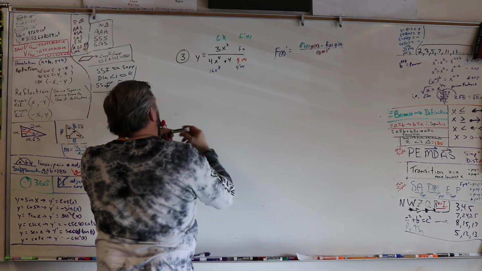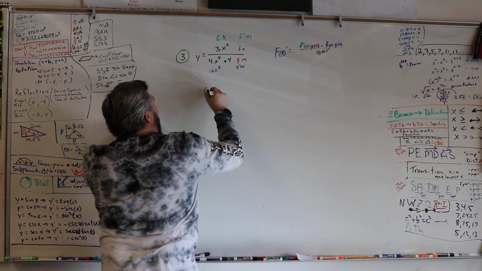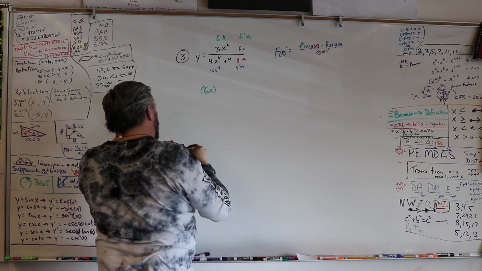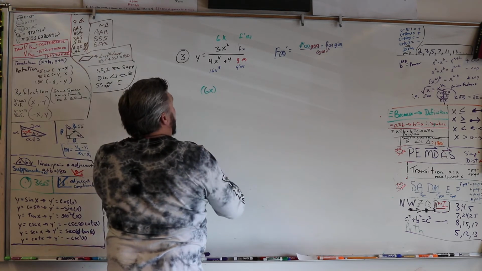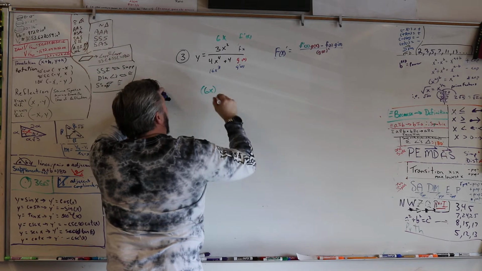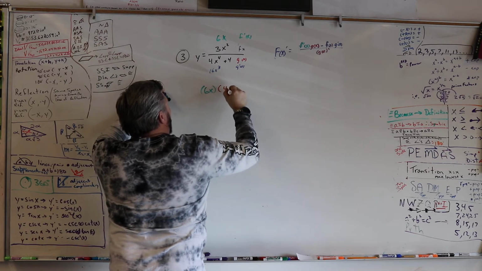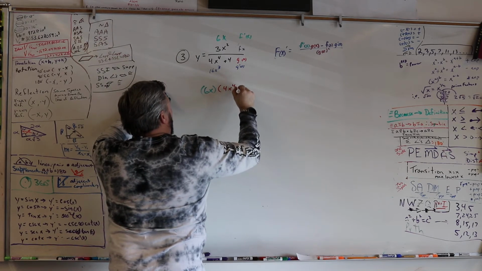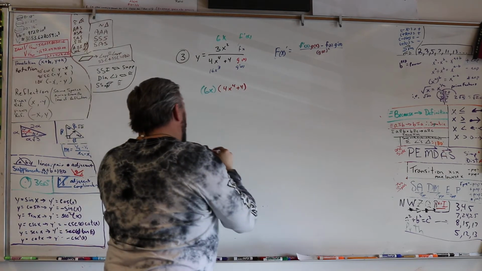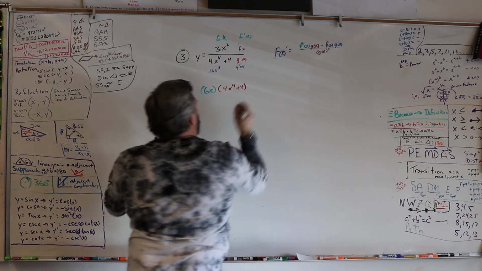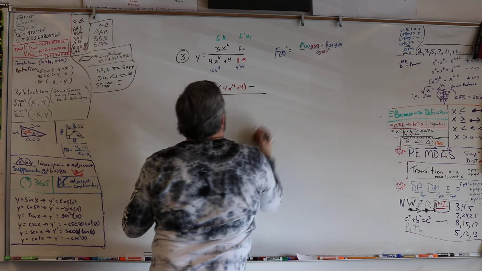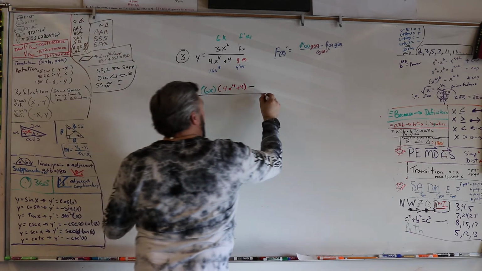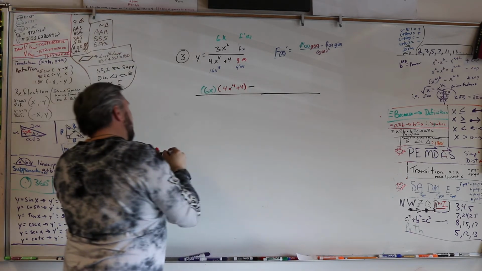So, for the first one, we're going to have 6x times the g of x. So g of x is red, so that would be 4x to the fourth plus 4, right? And then we're going to have minus, of course, all over, and this is going to be a big factor, okay?